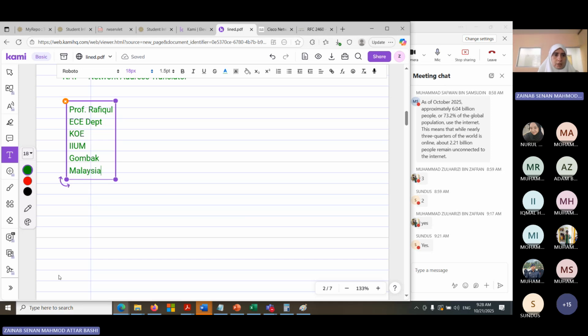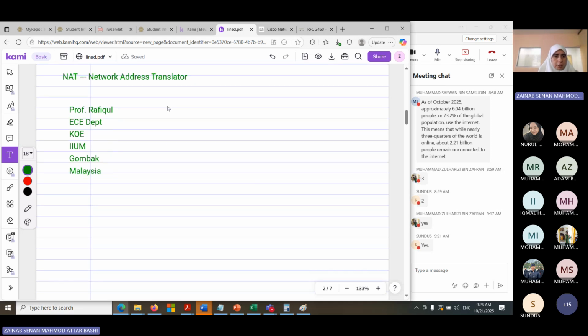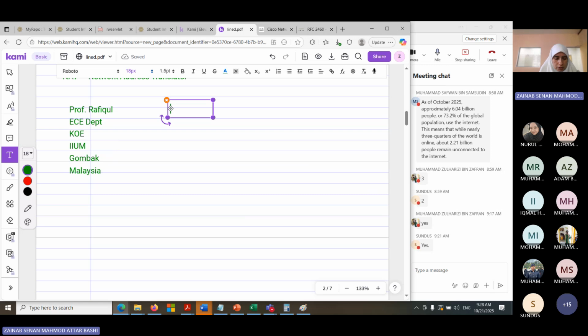That's the address. Then my address is Dr. Zainab, Department of Computer Science, College of ICT, KICT, IIUM, Gombak, Malaysia.